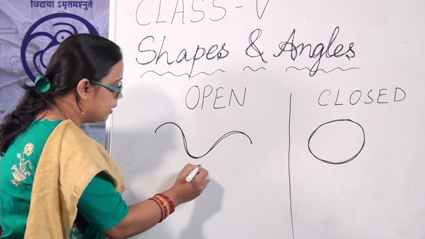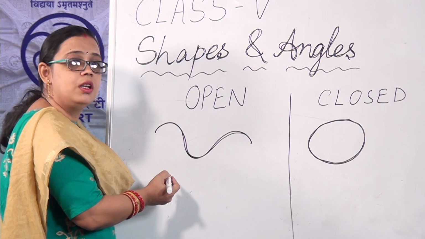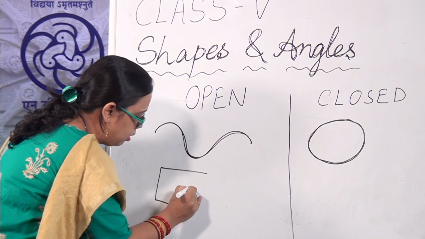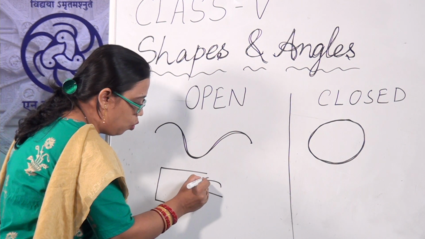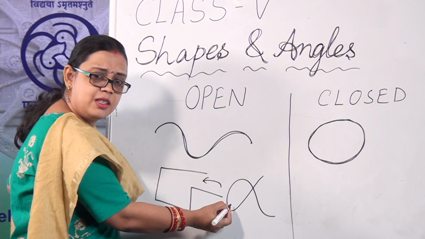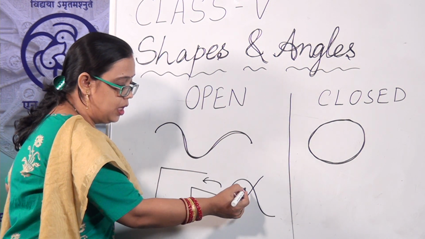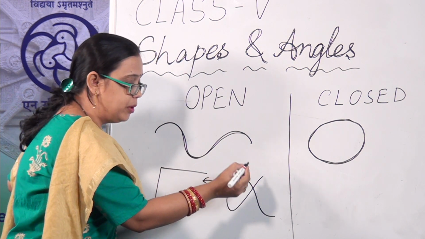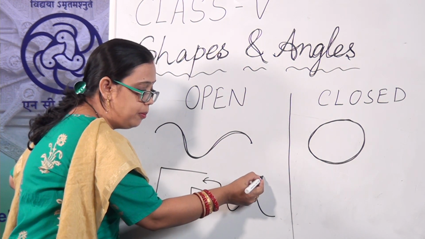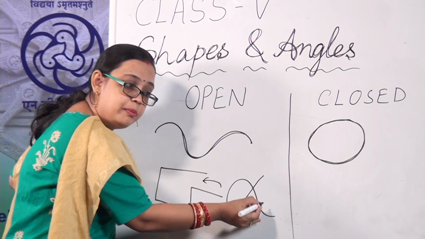Open shapes can be made with curves or may be made with straight lines. See, this is open. What about this? You will say, ma'am, you have created a loop here. Isn't it closed? No, because as I said, for a closed shape, the starting point and the ending point must meet together.